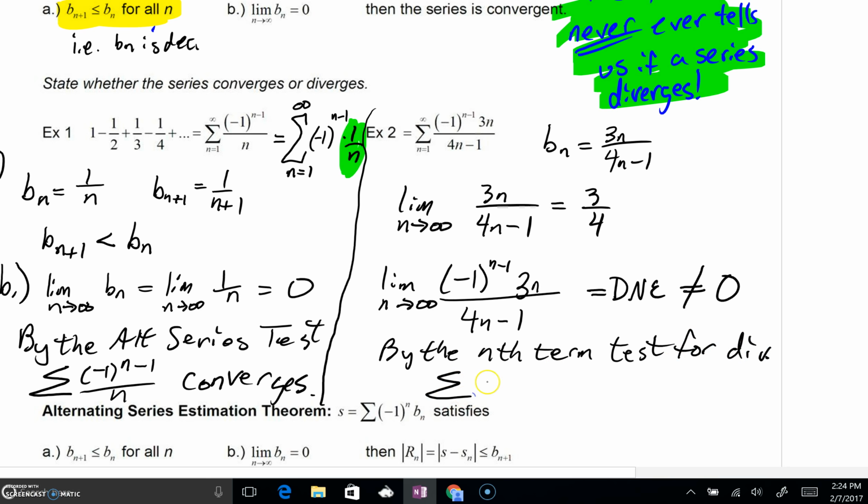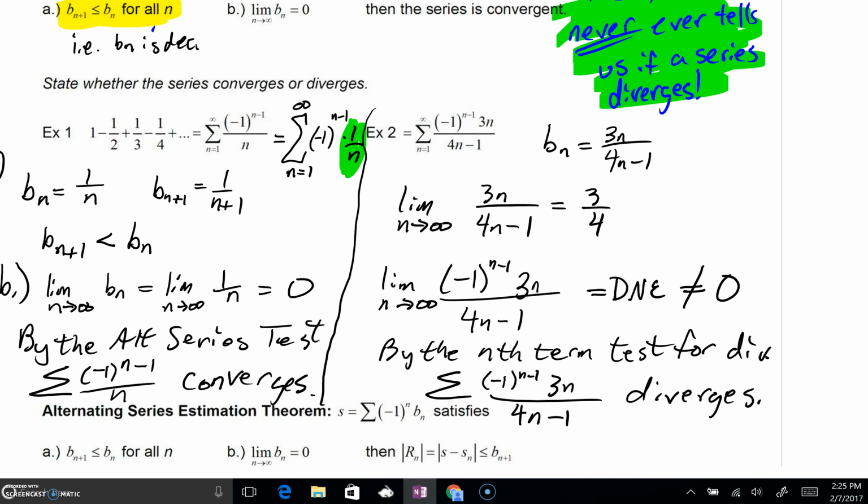this series that we started with diverges. The nth term test for divergence will come to our rescue a lot. Please hear this. Every time you see that limit, ignoring the negative 1 to a power, every time you see that limit's not going to 0, your series will diverge.